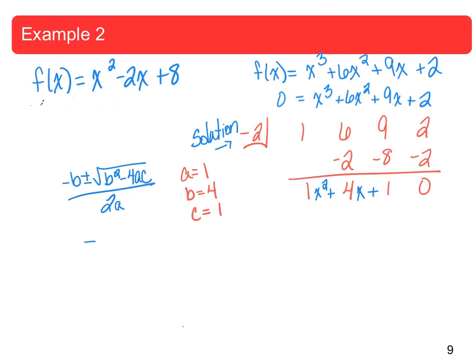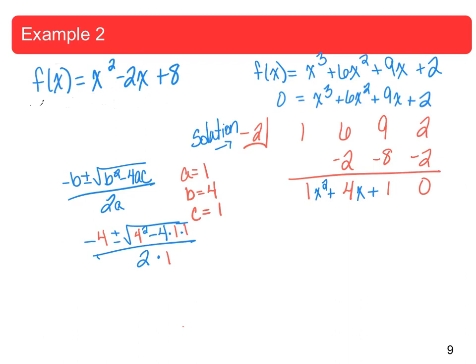So I have negative 4 plus or minus the square root of 4 squared minus 4 times 1 times 1, and all of that is over 2 times 1.